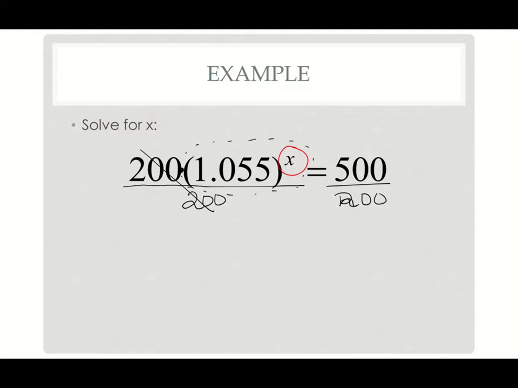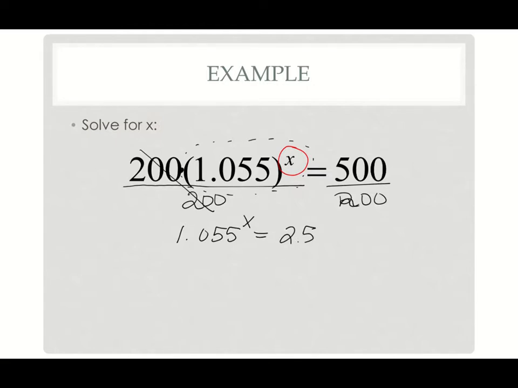So when I take 500 divided by 200, I get 2.5. Now I have 1.055 to the x equals 2.5.